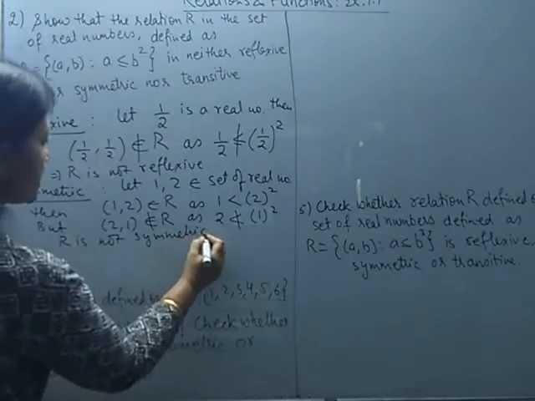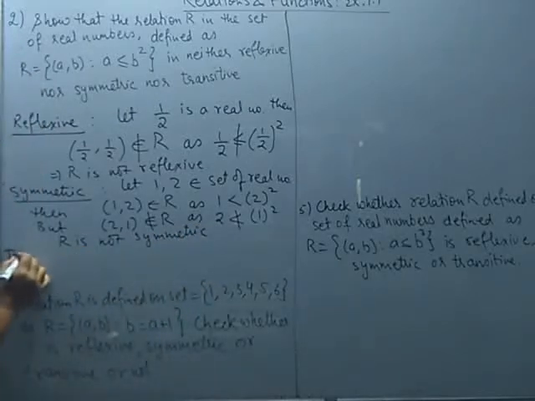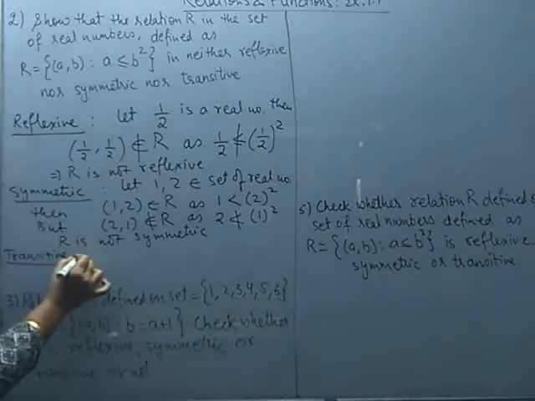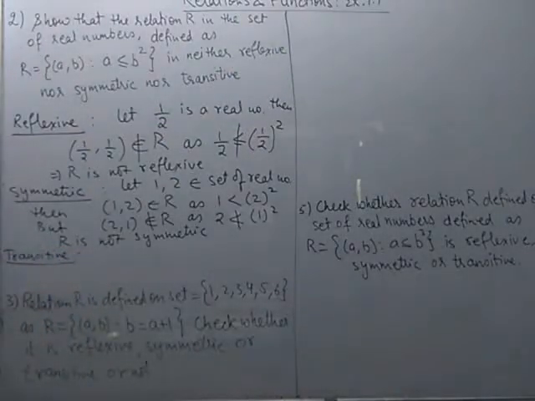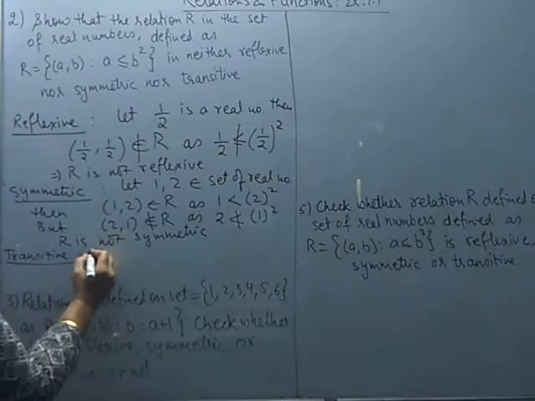Quickly checking for transitivity. Think of any three real numbers which form two pairs which are belonging to R, but the resulting pair does not belong to R. So you need to think carefully. Let us take three real numbers.